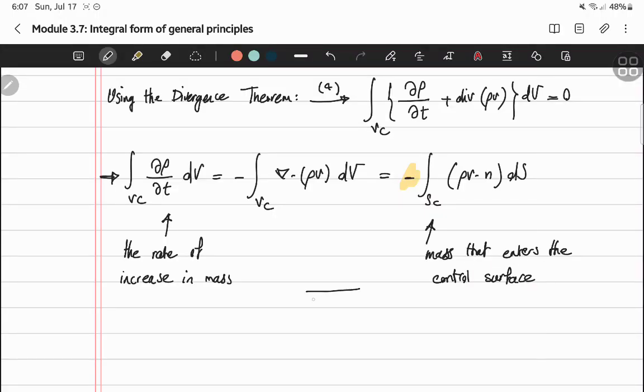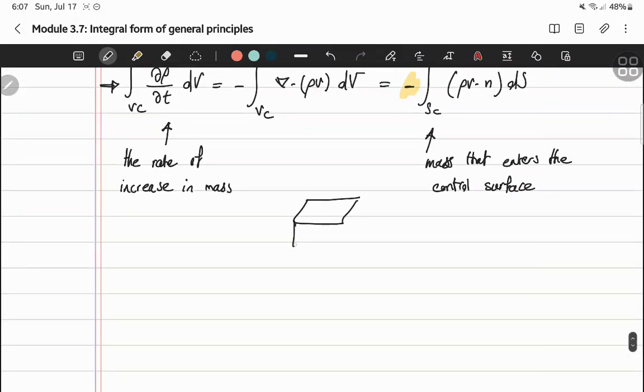So if you have a part of the material, the rate of increase in mass is equal to the mass that enters. So this enters and it goes out from the other side.